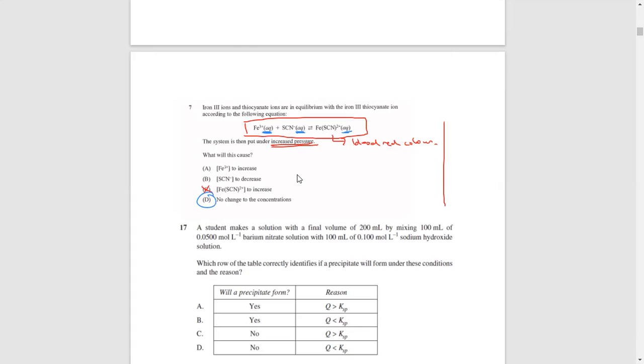We're not increasing the pressure, but what I'm now going to do is add water to the system. We add water to the system, and I'm going to simply ask, what do you think will happen?